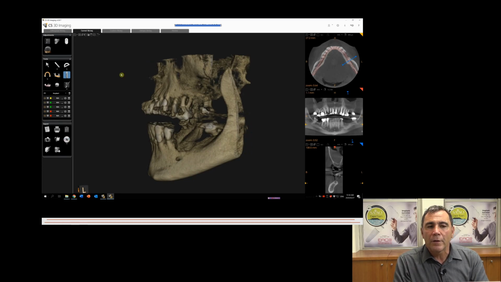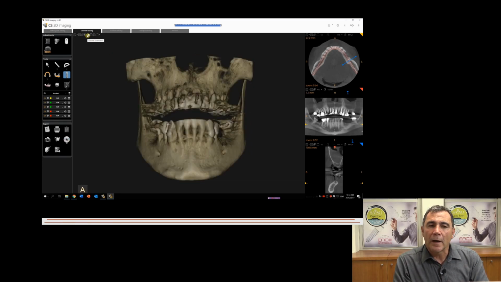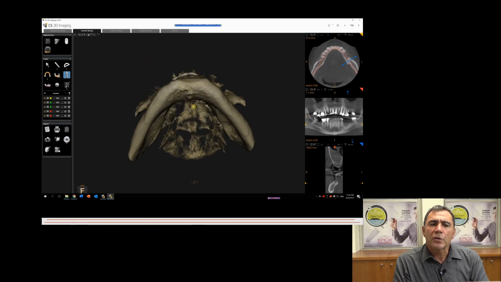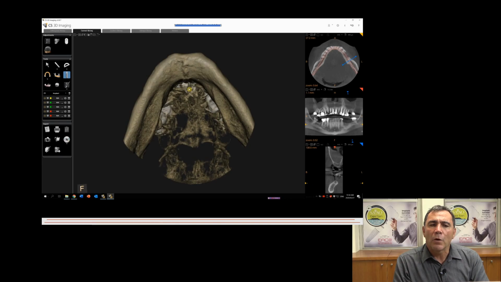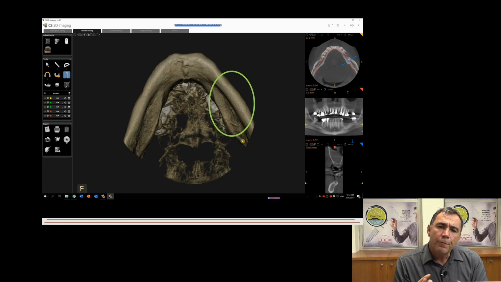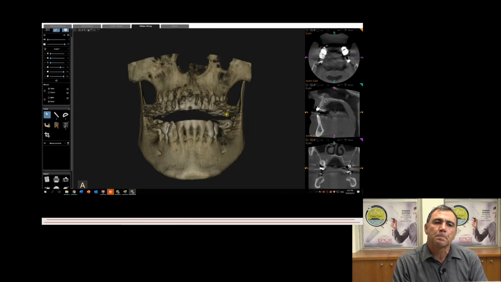Once again, on the left-hand side I can see where the problems is, and I also want to look where I want to place possible implants, and there I can see there's possible problems. So that is the first step in interpreting CBCT, is get an idea in your head what's going on, and therefore the 3D image is very nice to start off with.